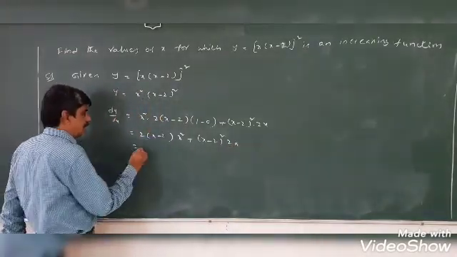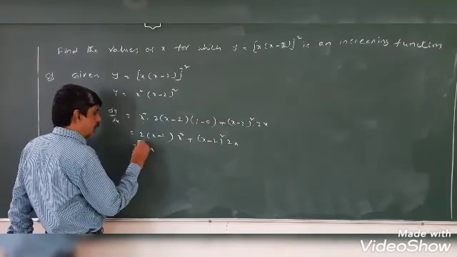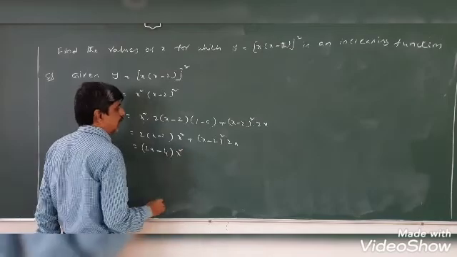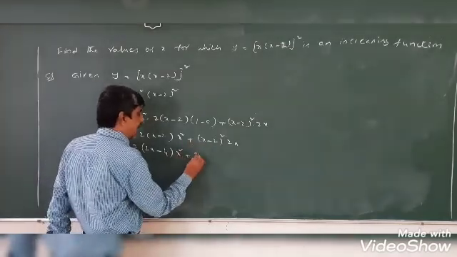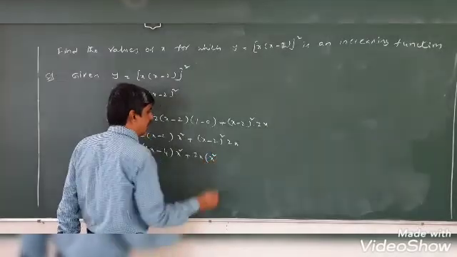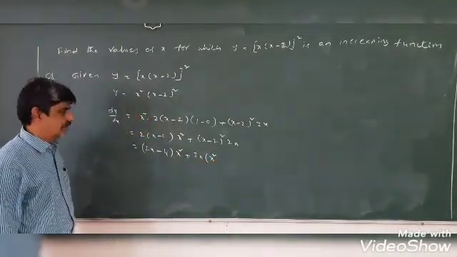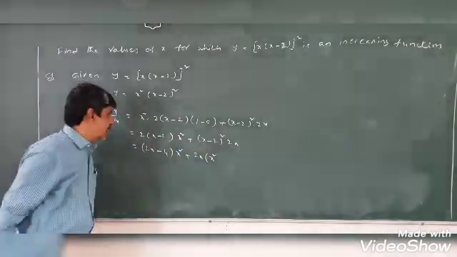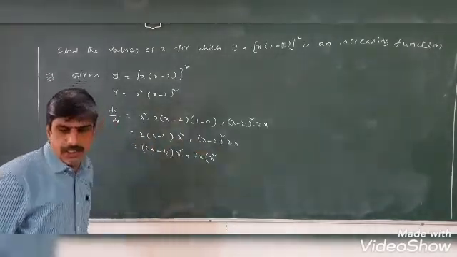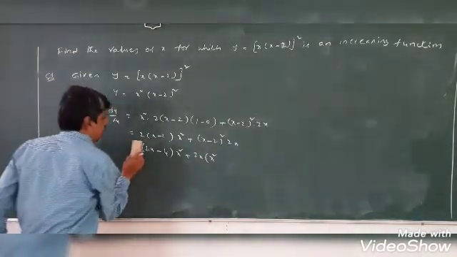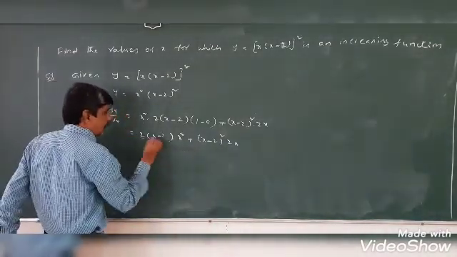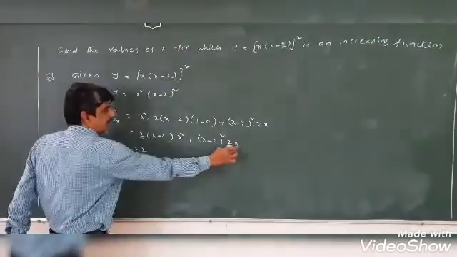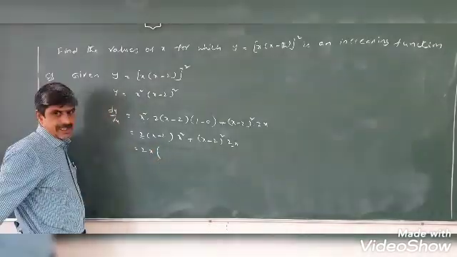So simplify this. 2 into x is 2x, 2 into minus 2 is minus 4, into x square. So here 2x into (x minus 2) whole square. Instead of expanding this, here x minus 2 is there, here x minus 2 is there, here 2 into x is there, 2 into x is there. So common out 2, and common out x.